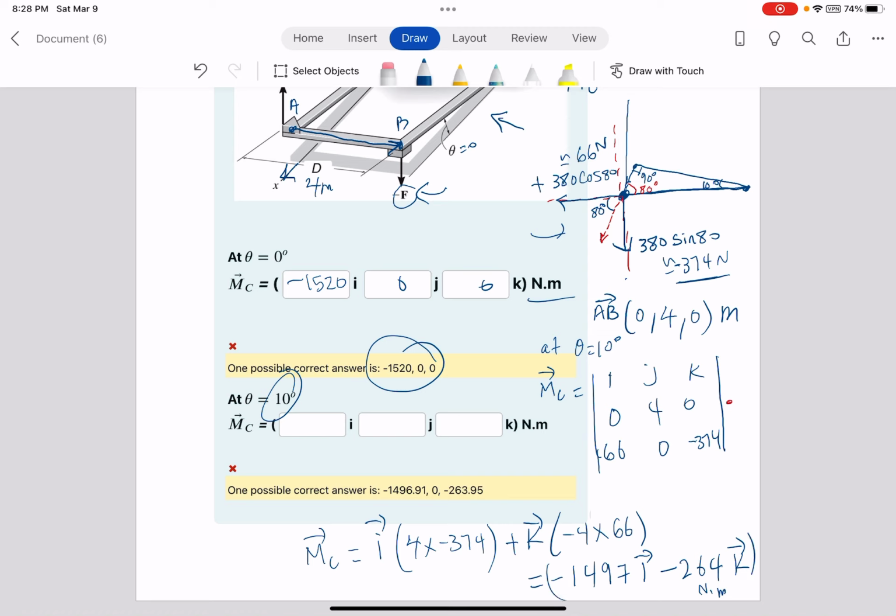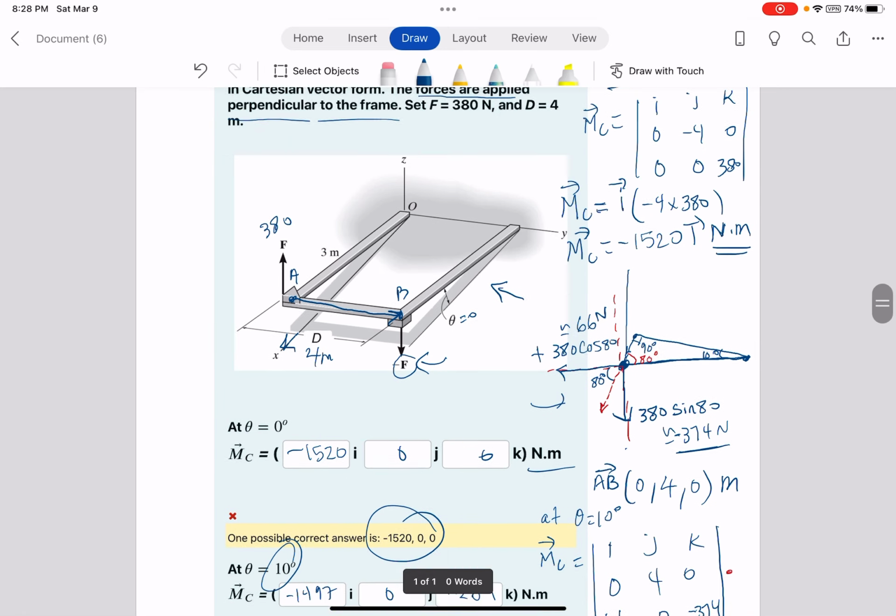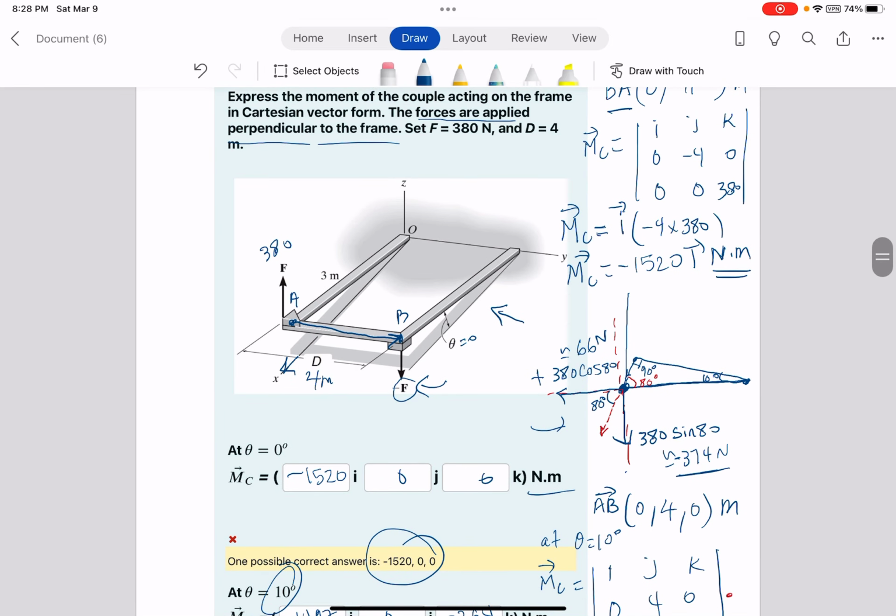So you put minus 1497, 0, minus 264, and that's it for the moment of the couple. You should look at the couple and find the position vector from that force to the other force, but you have to use the force that you are attaching the position vector to the tail of. Okay, we are done with this problem. OCW 330.